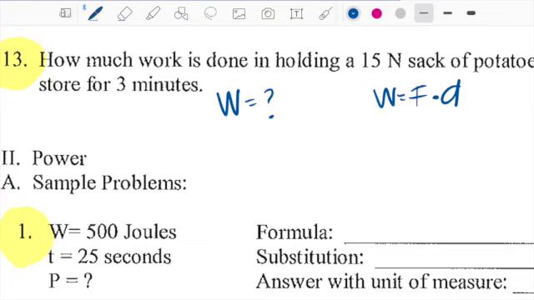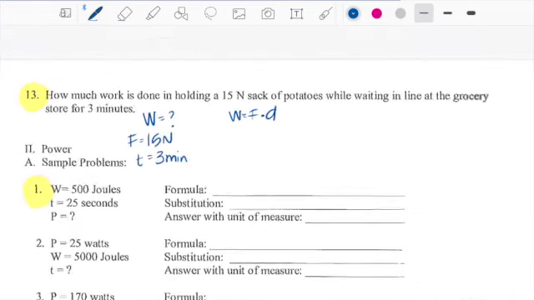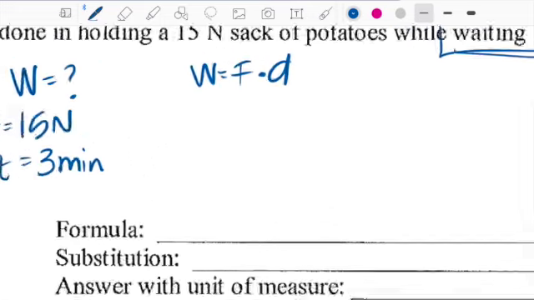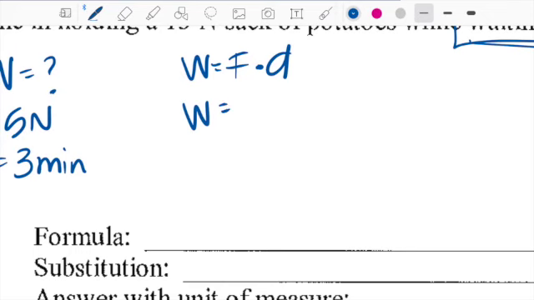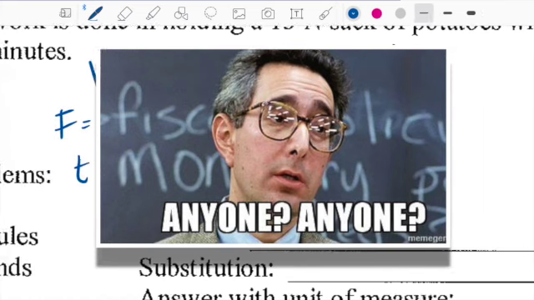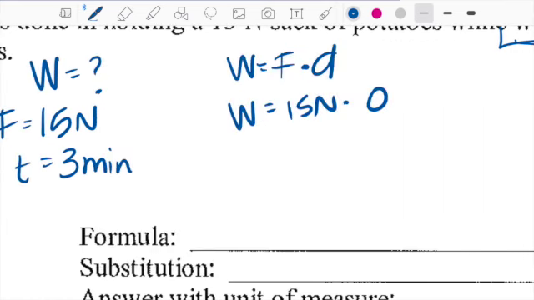We already know that we have 15 newtons of force, and I have a time they're giving me of 3 minutes, okay? And they're telling me that I'm waiting on the line at the grocery store. So it means that if you're waiting and not moving, what will be your distance? 0. So force is 15 newtons times 0 meters, which is your distance covered because you're waiting, the line is not moving. So the work done on the sack of potatoes would be 0 joules.